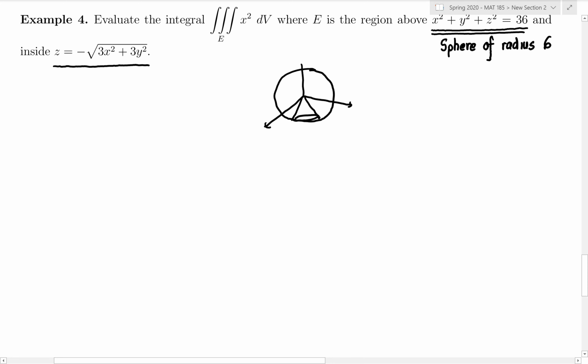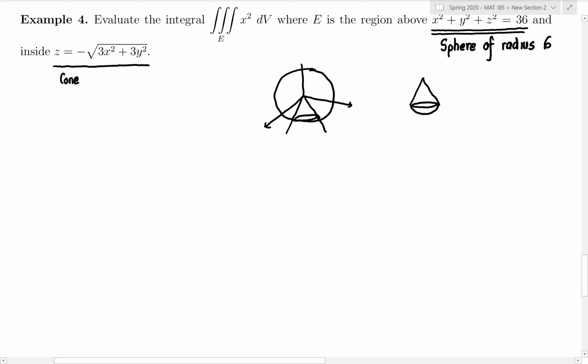So what you're looking at is the region inside, above the region x squared plus y squared plus z squared, but inside this cone here, which means the region you're getting really is an upside down ice cream cone with a little bit of ice cream there. All right, so again, this one here is a cone.